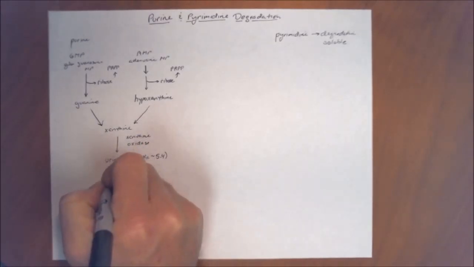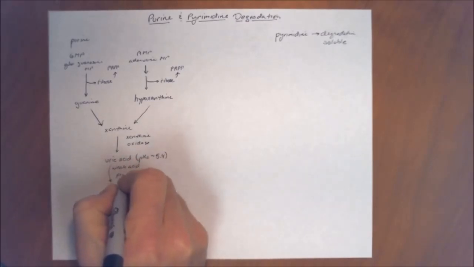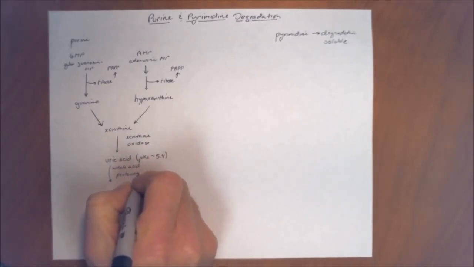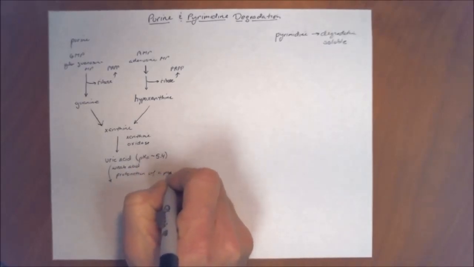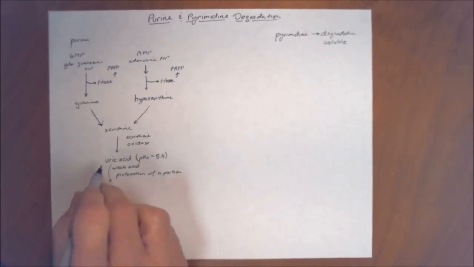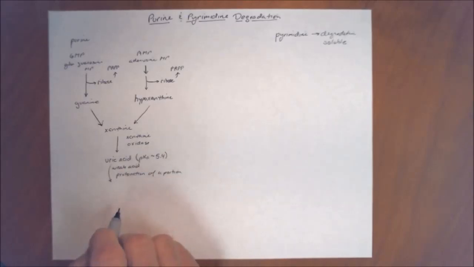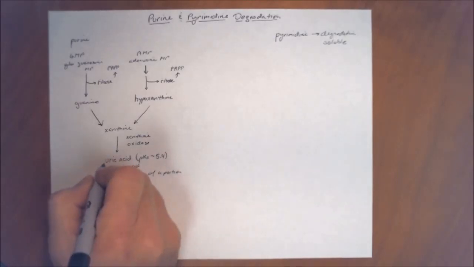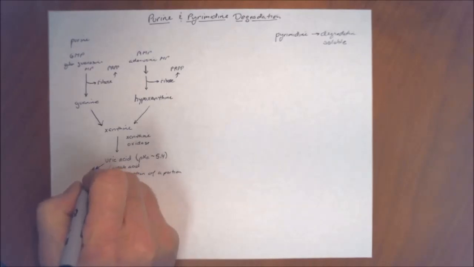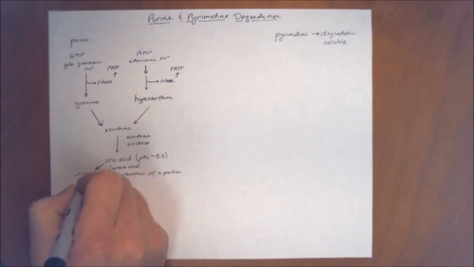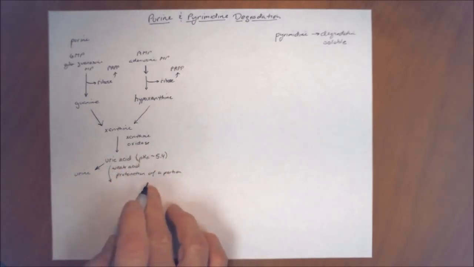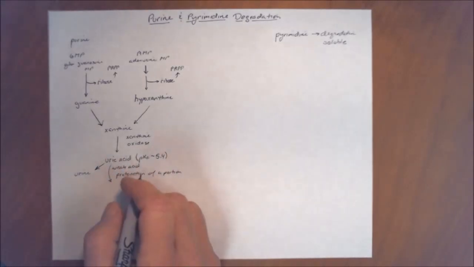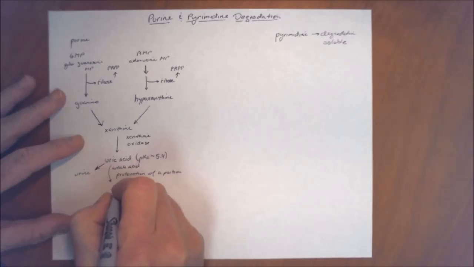And this precipitation is due to protonation of a portion of the uric acid that's present in the circulation. Now normally, under normal circumstances, uric acid is secreted into the urine. But because of this pKa problem with this acid, if it becomes protonated, the tendency will be to precipitate.